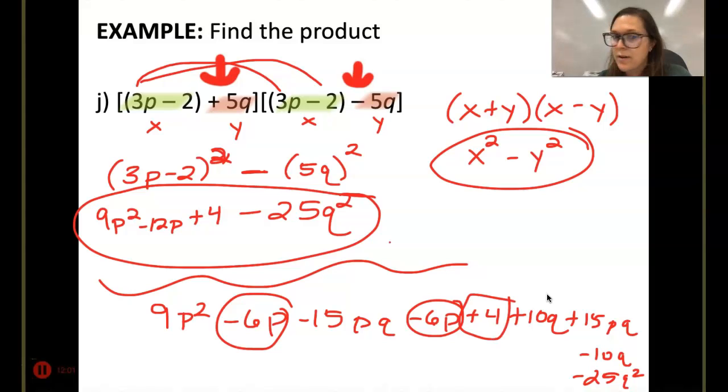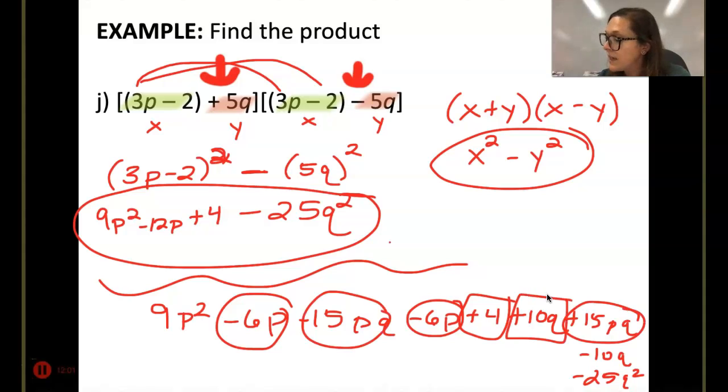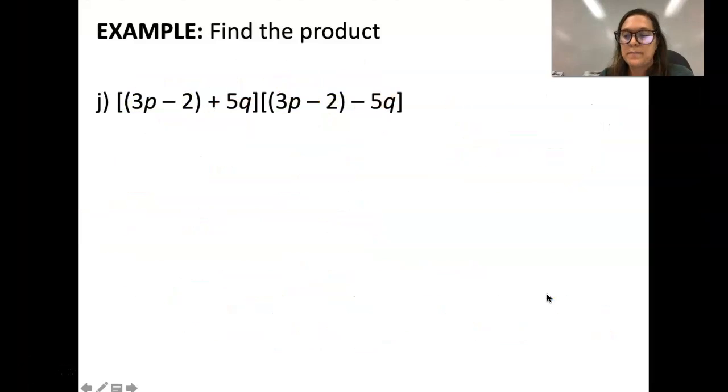There's your plus 4. And then what happens to your pq's? Here I have a negative 15pq and a positive 15pq. Those cancel. Here I have a 10q and a negative 10q. Those cancel, right? And then you're left with the minus 25q squared. So you could technically do it that way by distributing everything, but if you remember the rule, it makes it a lot simpler, right?